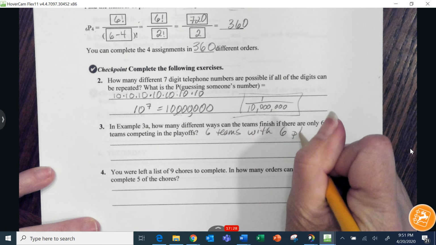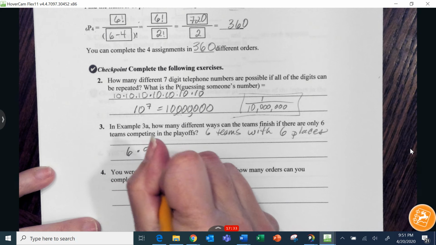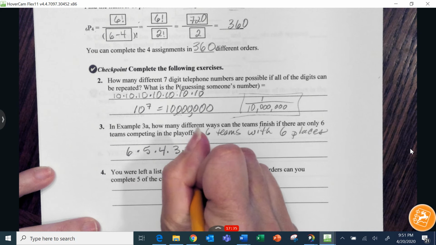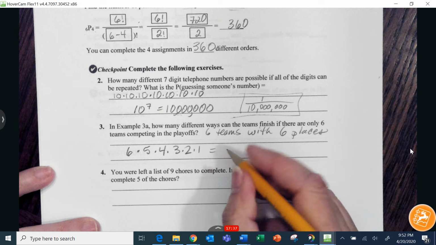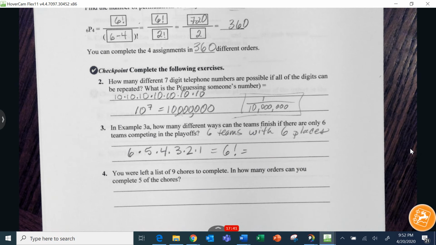Then we will have 6 times 5 times 4 times 3 times 2 times 1, which is 6 factorial, which is 720.